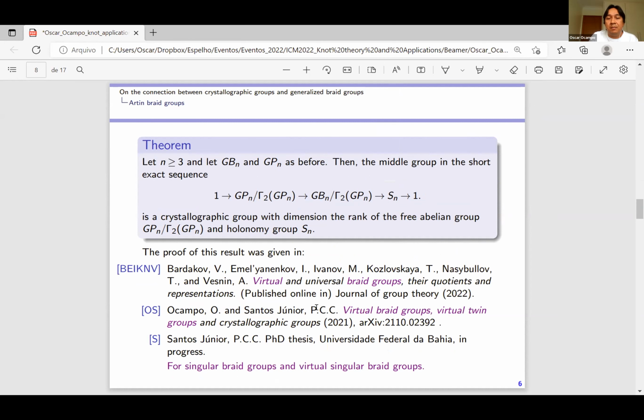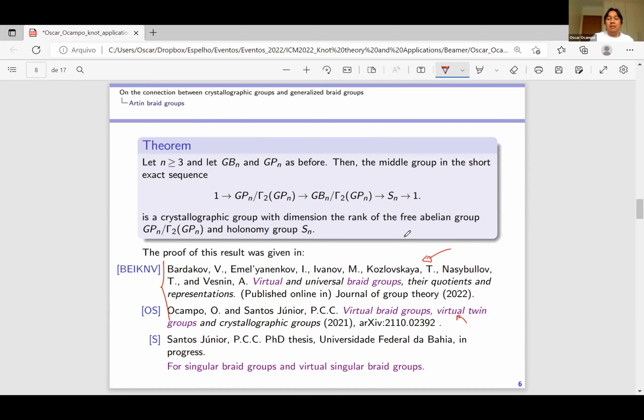Also, in a joint work with my student Paulo Santos, we proved that the quotient is a crystallographic group, but these two works are different in a sense. They study other problems different from the ones that we study here. The first steps coincide, establishing that the middle group is a crystallographic group, but then we study different aspects.